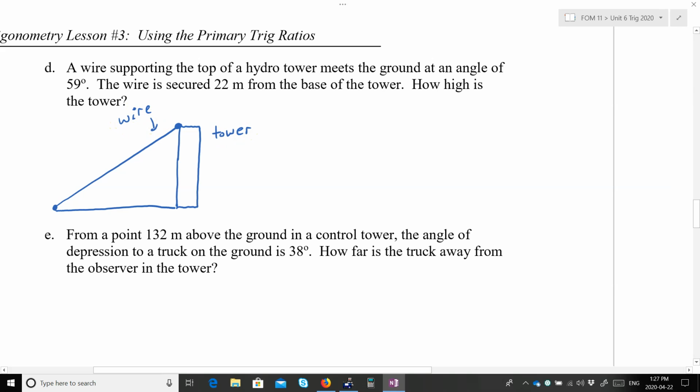So the wire is hitting the ground at 59 degrees. The wire is secured 22 meters from the base of the tower. The base of the tower is the bottom here. And so the wire is secured over here, which is 22 meters. Here's our 90 degrees. How high is the tower? So we want to figure out H, this height.